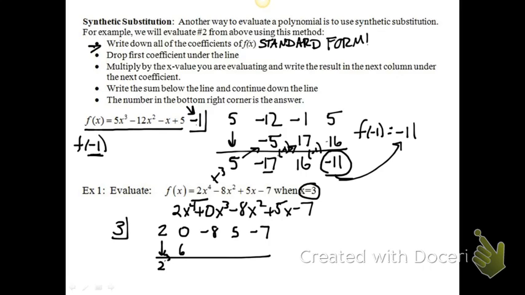Then I add 0 plus 6, and I get 6. Then I'm going to multiply 3 times 6, and I get 18, and I add. I get 10. Then I'm going to multiply by 3. That gets me 30. 5 plus 30, that's 35, right?